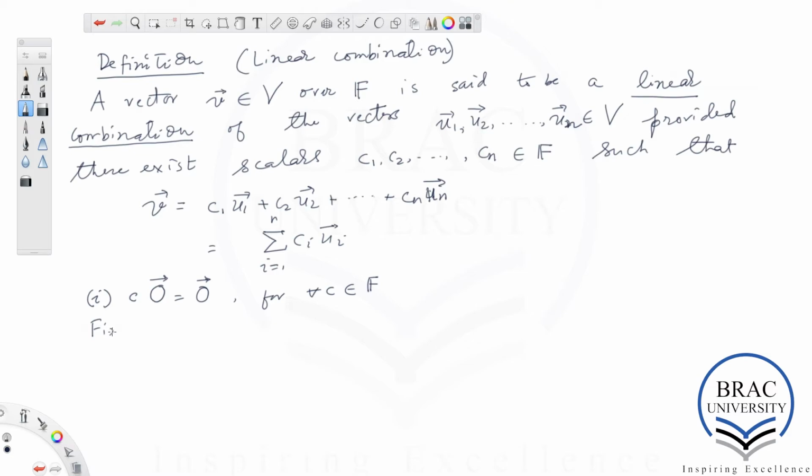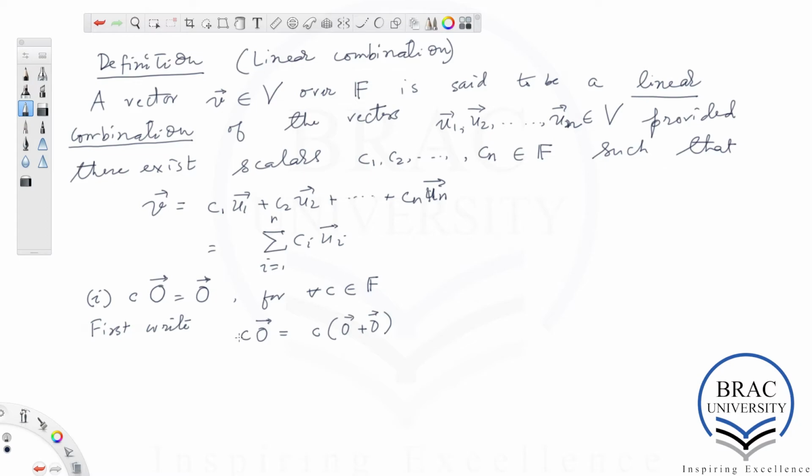First, write c times the zero vector as c times the zero vector plus the zero vector, since the zero vector is equal to the zero vector plus the zero vector.